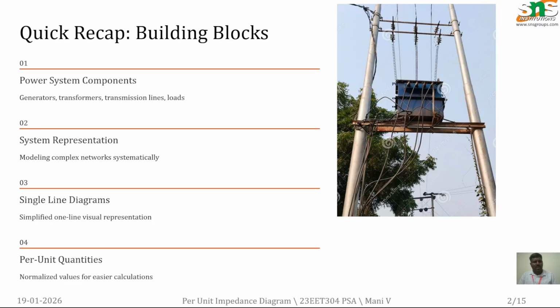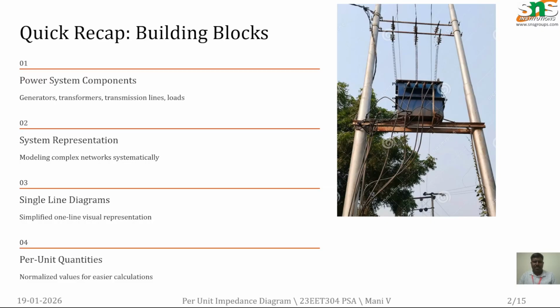So this is a quick recall about the building blocks. Here we already discussed the power system and various power system components like the generator, transformer, transmission line, and the various types of static loads or motors, etc. And the system representation of the various power system components, for generator, transformer, transmission line, load, etc. So this is a single line diagram.